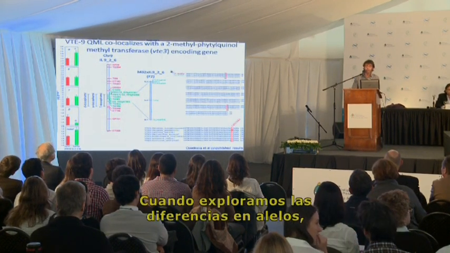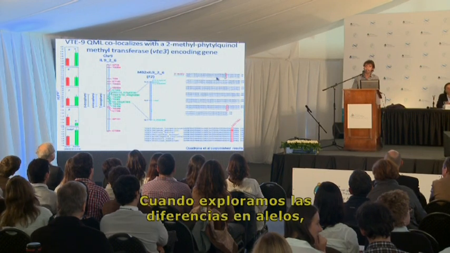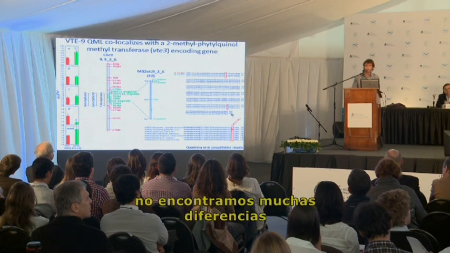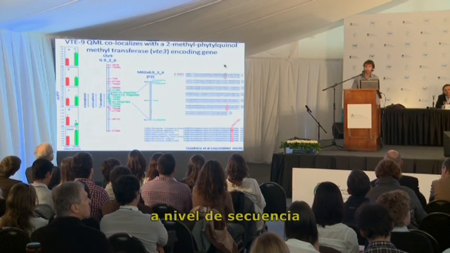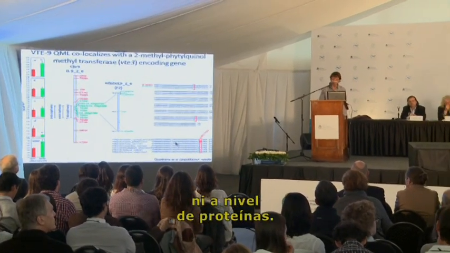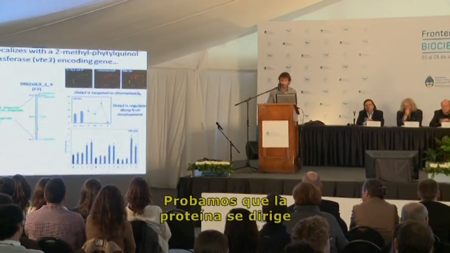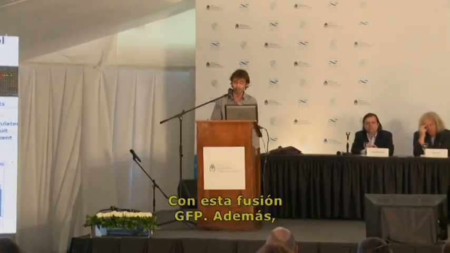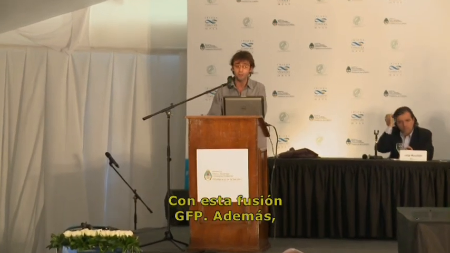When we explored the differences in the VTE3 alleles, we found not so many differences at the sequence level and neither at the protein level. We proved that this protein is targeted to the chloroplast here with this GFP fusion.